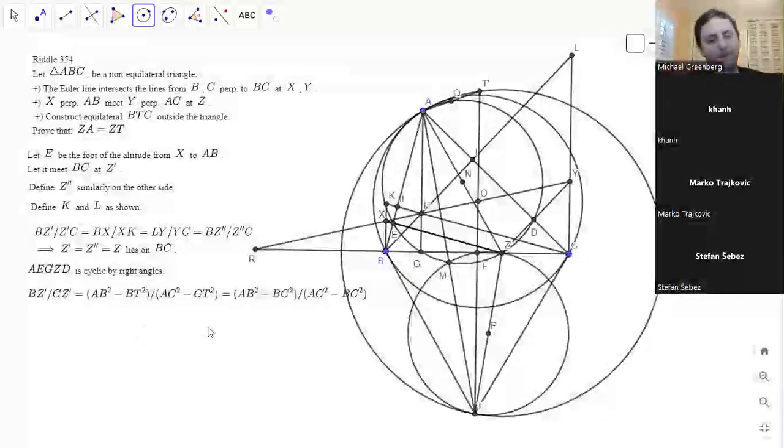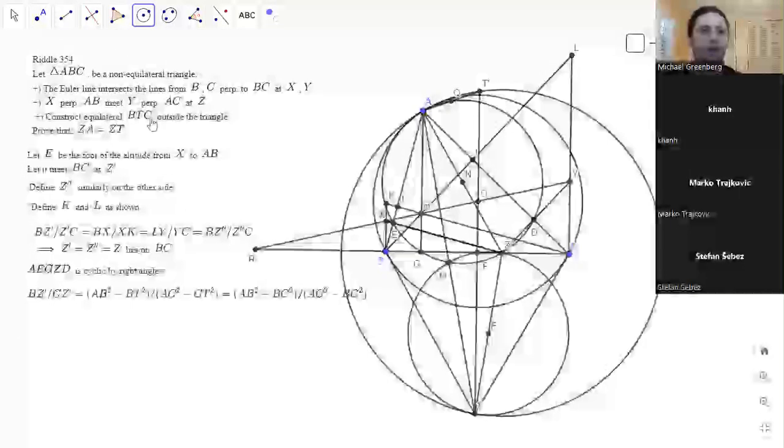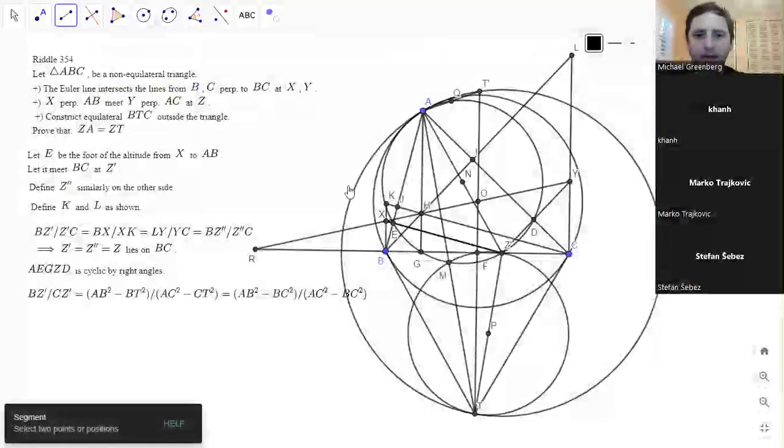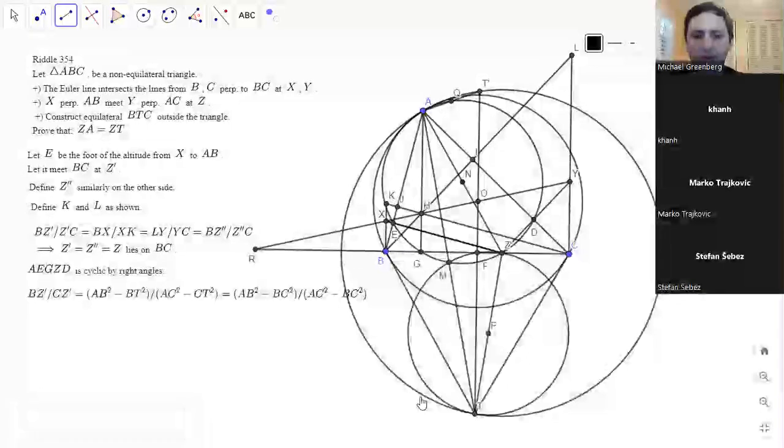Wait, now I'm wondering something. Let's say T was on the perpendicular from A to BC.